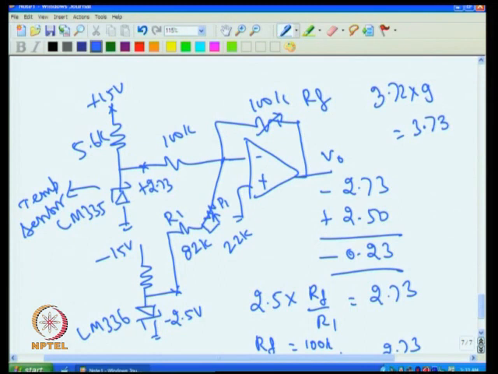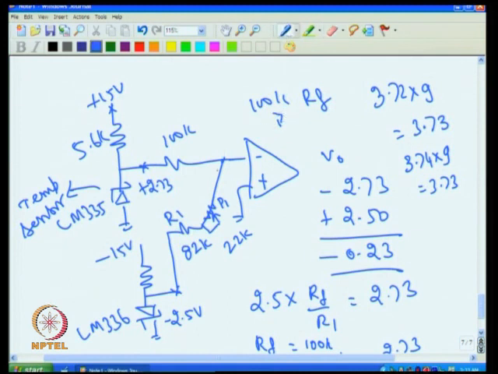So the gain will obviously be a little more than 1. Similarly, if the voltage goes more, for example to 3.74 at 100 degree C, then 3.74 into gain should give me 3.73 at the output. So the gain must be variable more than 1, as well as, if necessary, less than 1. That I can achieve by changing this feedback path.